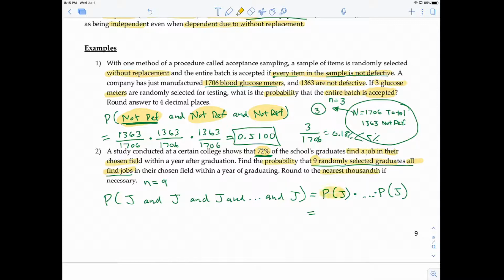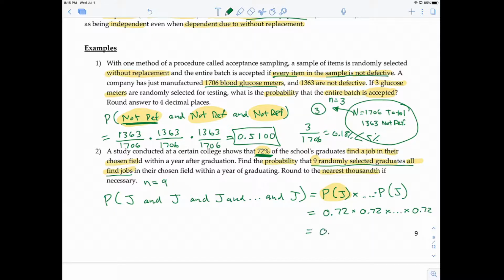So what is the probability that the first graduate finds a job in their chosen field? Well, we're going to use the percentage from this study, which says 72% of college graduates find a job in their chosen field. So we're going to put that as 0.72 times 0.72 times, 9 of them, 0.72.